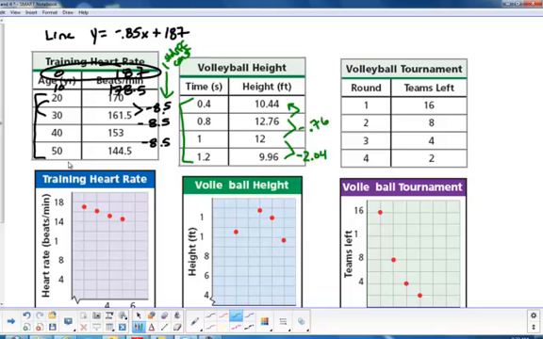And 12.76 minus 10.44 is 2.32. Now if we take our second difference, negative 2.04 minus negative 0.76, we get negative 1.28. And negative 0.76 minus 2.32 is negative 3.08. So our second difference is not exactly constant.